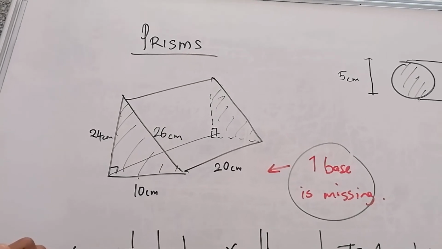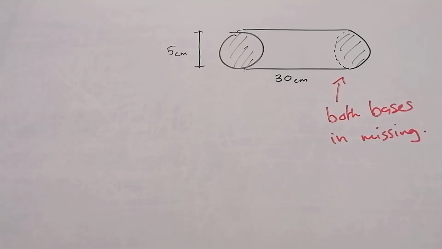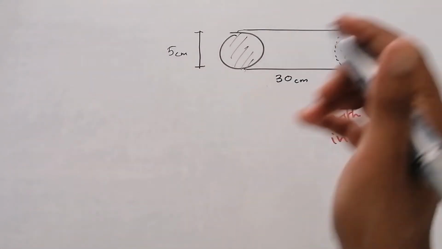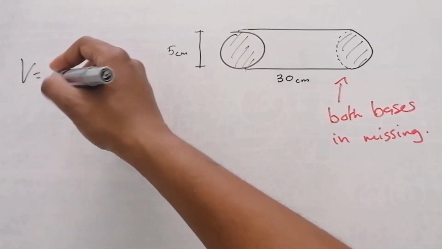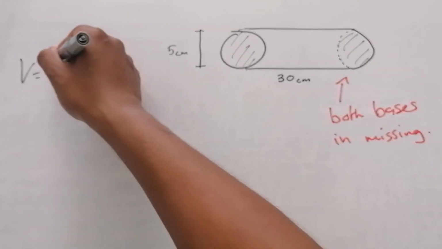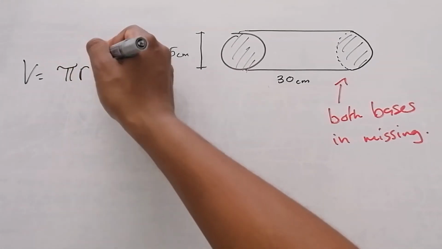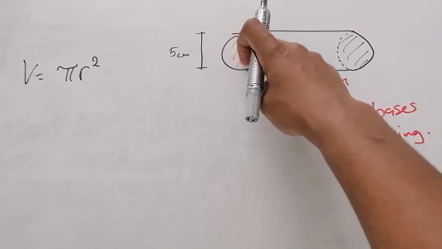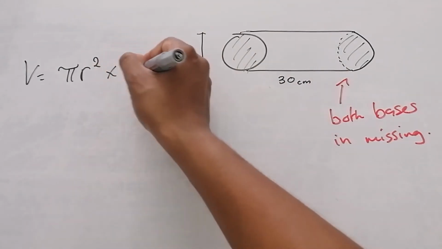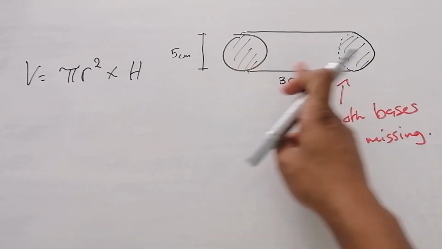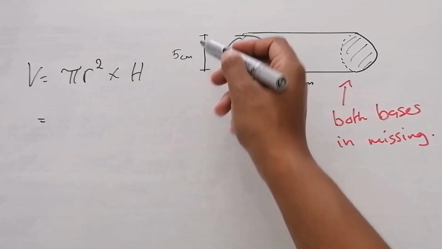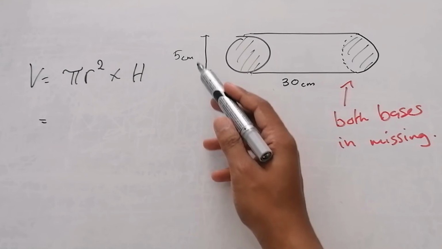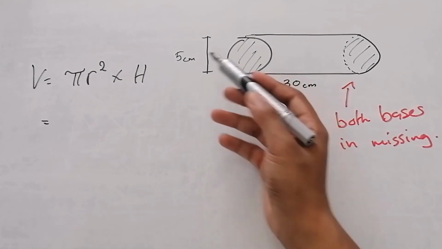Now, let's move over to the cylinder. Okay, so we'll start out by working out the volume of the cylinder. Now, the volume of the cylinder is simply equal to the area of one of the faces, so that's pi r squared, multiplied by the height here that creates the volume, so that's the 30. Okay, now because the diameter of the cylinder is 5, that means that the radius is 2.5.